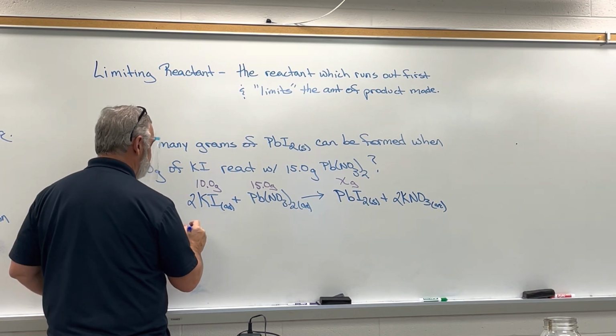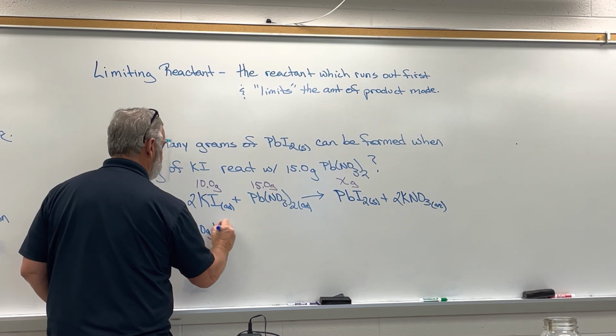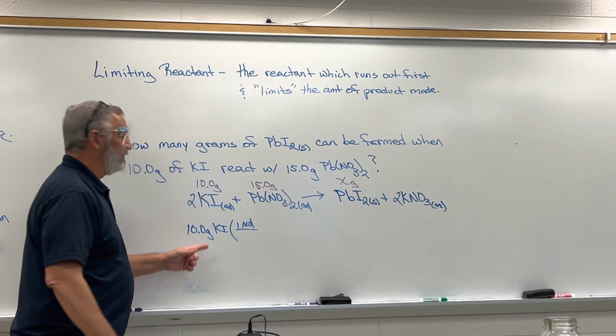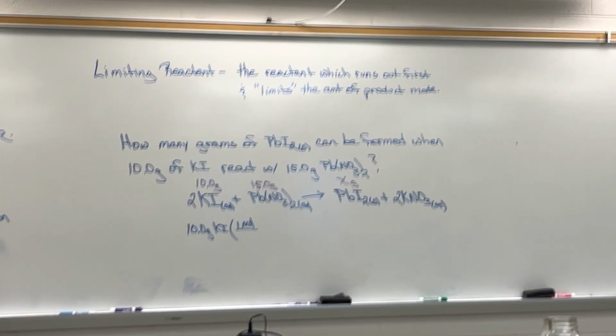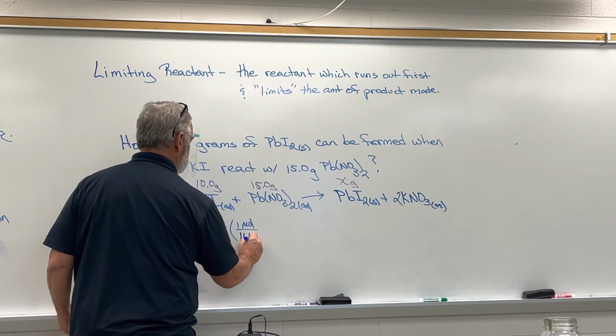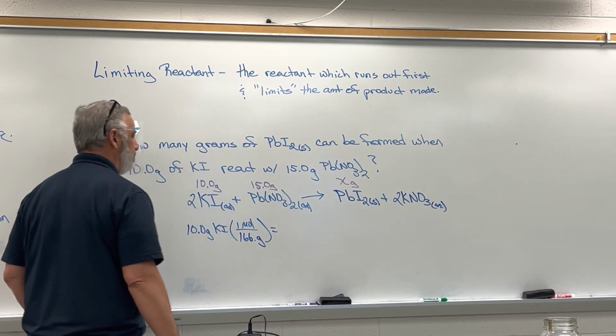So I'm going to take 10 grams of KI times 1 mole over iodine's 126.9 plus 39.1, which is 166.